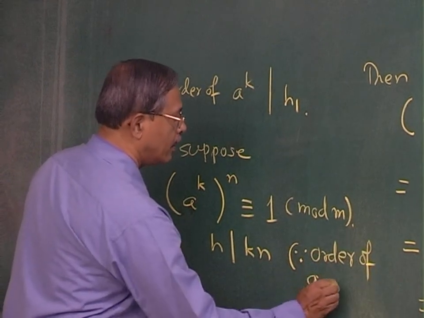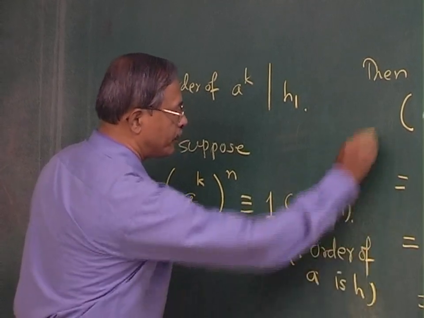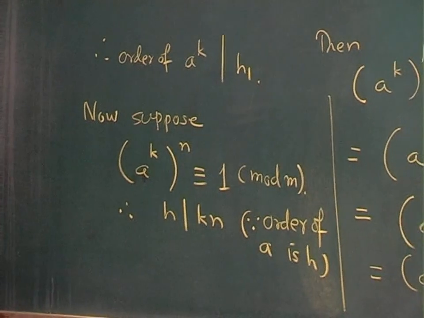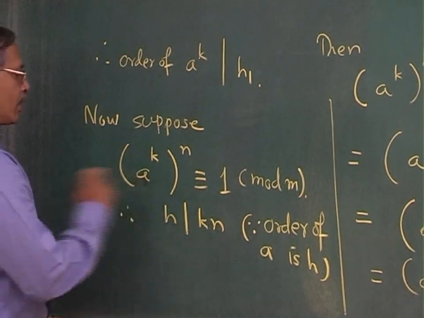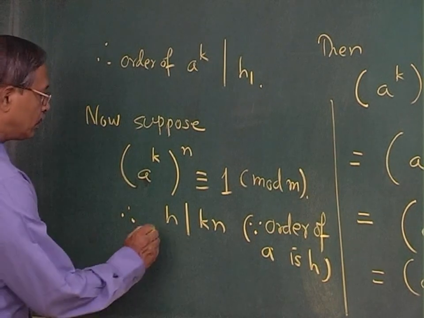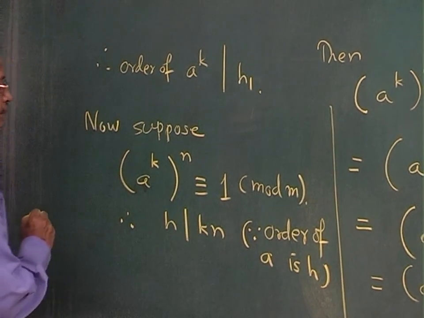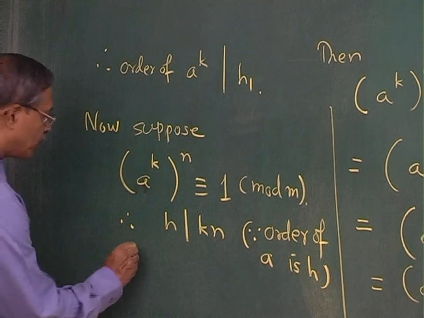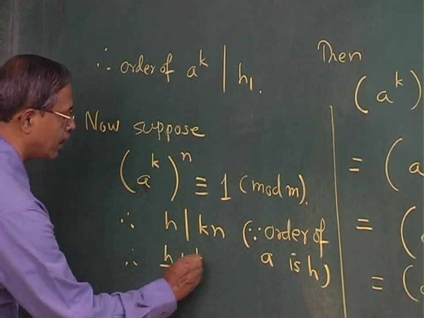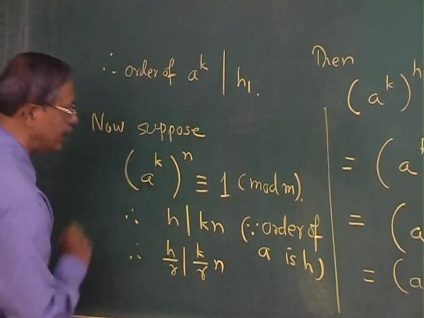Now you can divide both sides by r. Therefore h by r divides k by r times n.